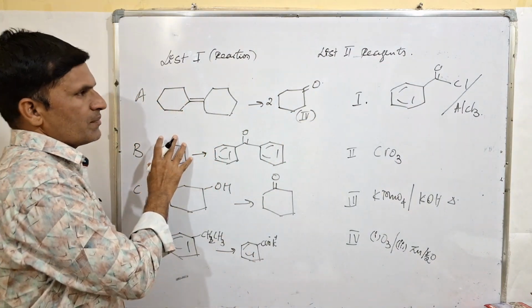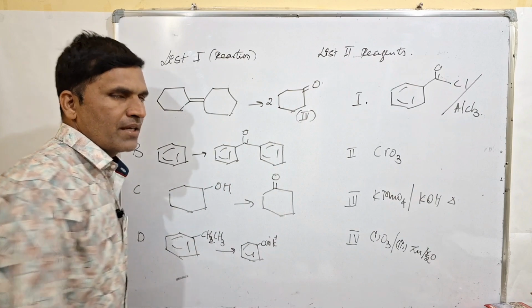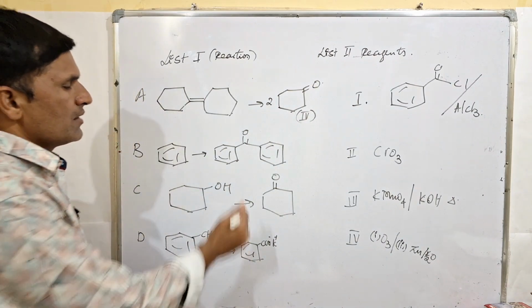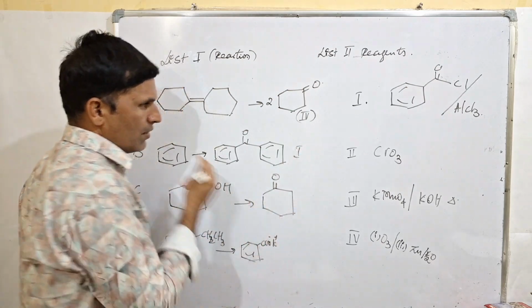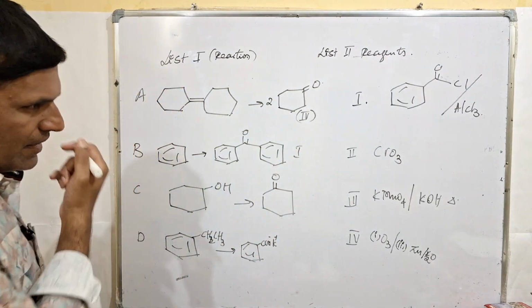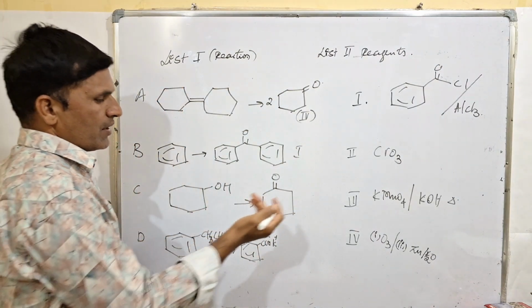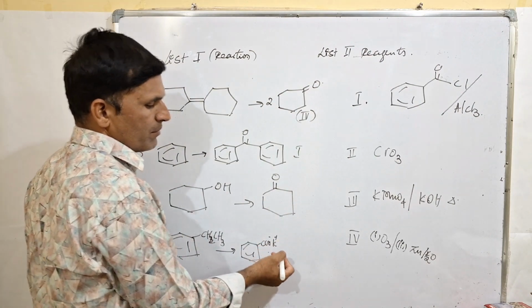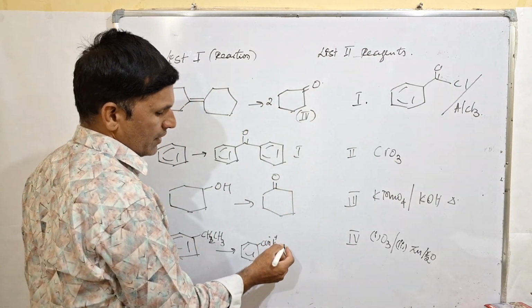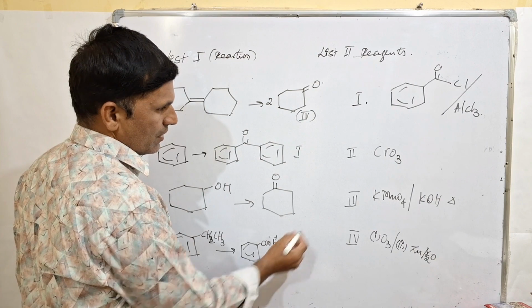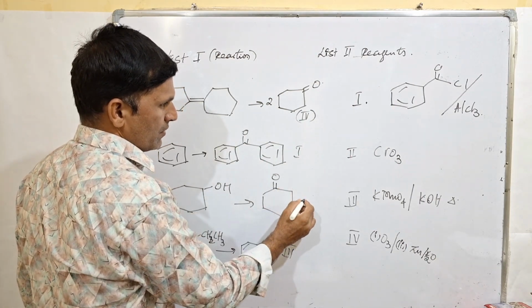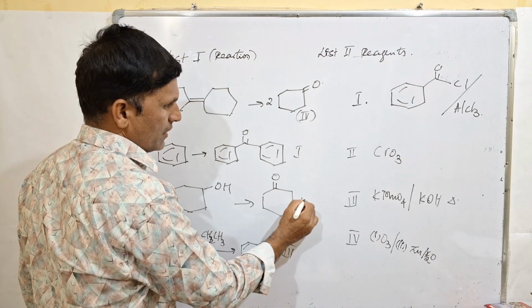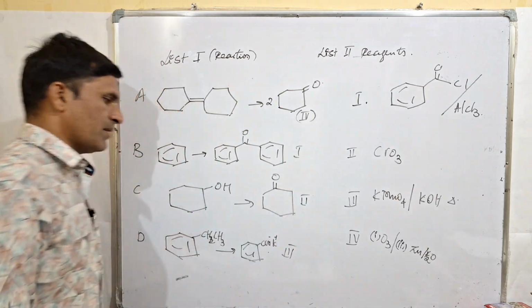The next is benzene, and if you do Friedel-Crafts acetylation reaction, then you will end up with this product. So therefore it is the first option. Then next is KMnO4 KOH, as it is forming benzoate, potassium benzoate. So your option will be third, and this will be chromic oxide. So that is the second option we are going to match.